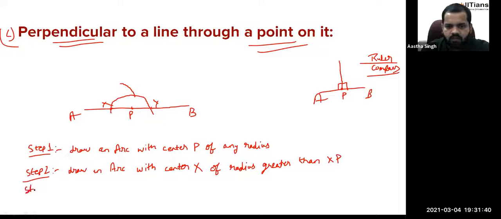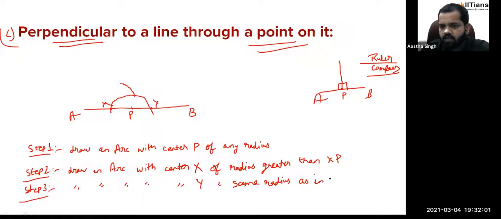Step 3. Draw an arc with center Y of the same radius as in step 2. So guys, with the same radius as step 2 and your compass at point Y, draw another arc.